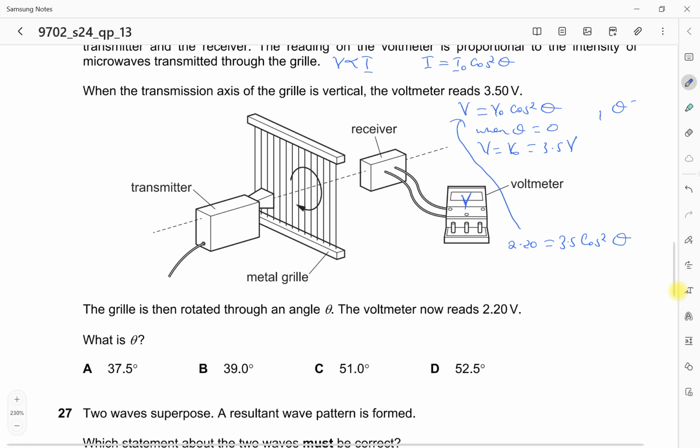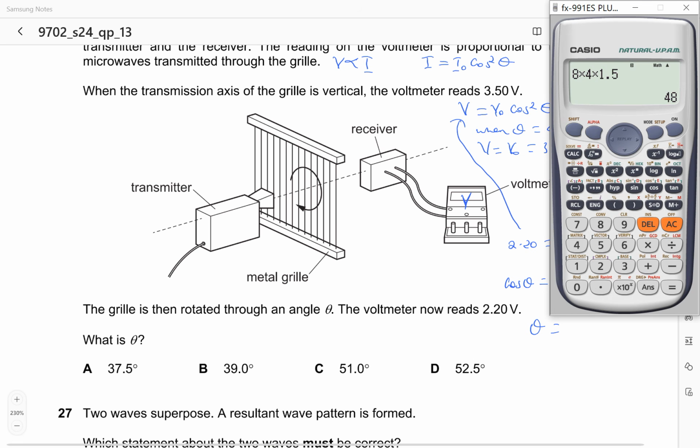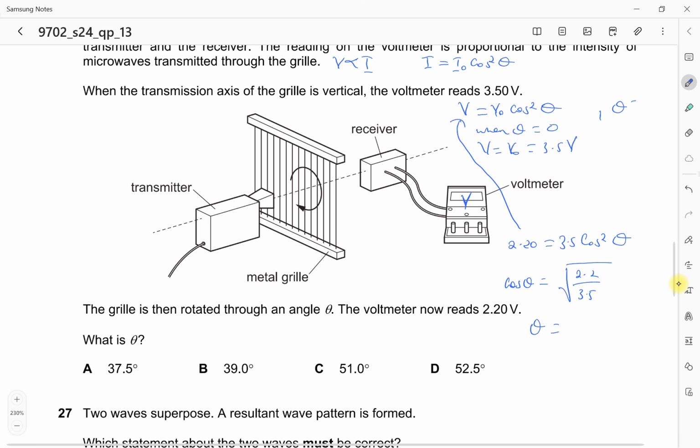So it means cos theta is going to be the square root of 2.2 divided by 3.5, and then theta equals the arc cos, the inverse, of the answer, which is 37.5 degrees. So the answer here is going to be A.